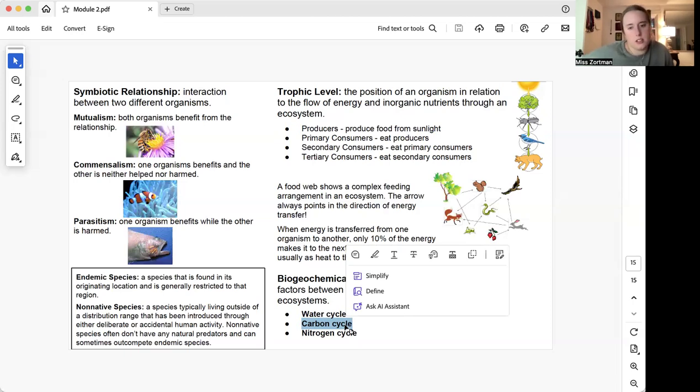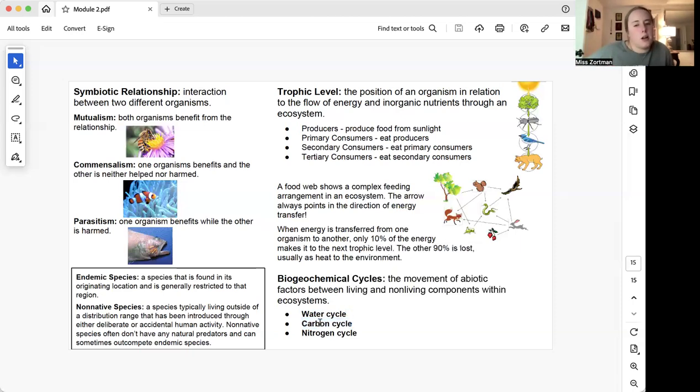Over generations, fossil fuels are formed, and we use those fossil fuels as fuel for factories and cars. And so we're putting that carbon back into the atmosphere. The problem with that is the plants aren't keeping up with the amount that we're putting into the atmosphere, so the atmosphere has too much, which is the issue we're seeing related to the carbon cycle right now.